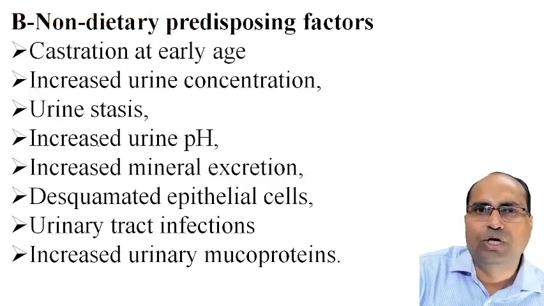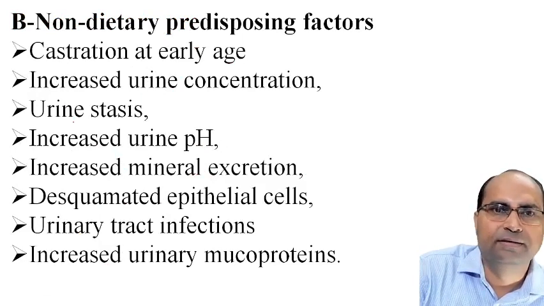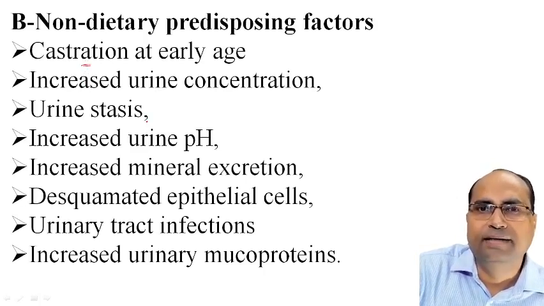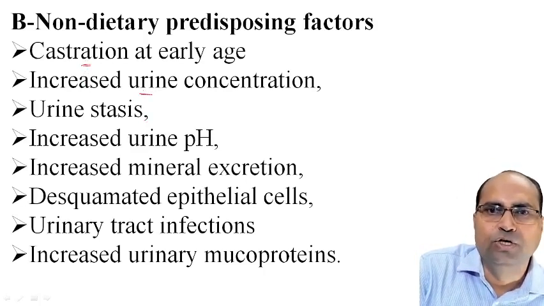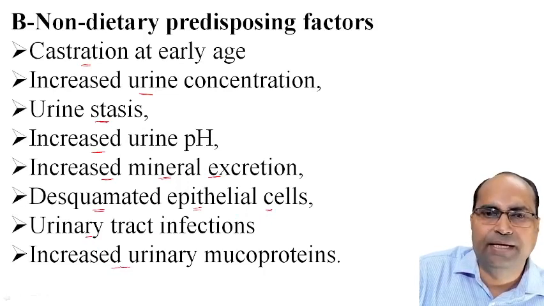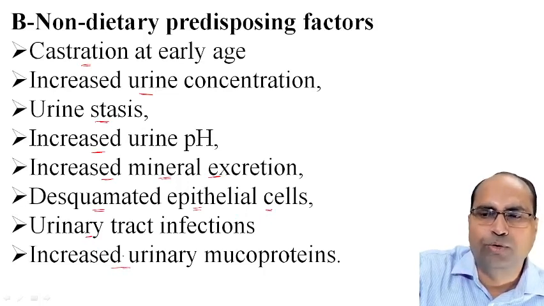Now we discuss non-dietary predisposing factors. The first one is castration at an early age, increased urine concentration, urine stasis, increased urine pH, increased mineral excretion, desquamated epithelial cells, urinary tract infection, increased urinary mucoprotein.